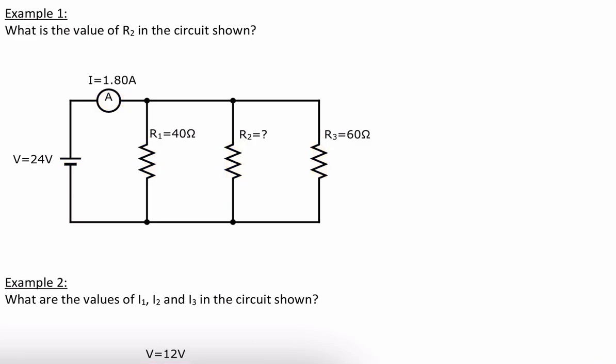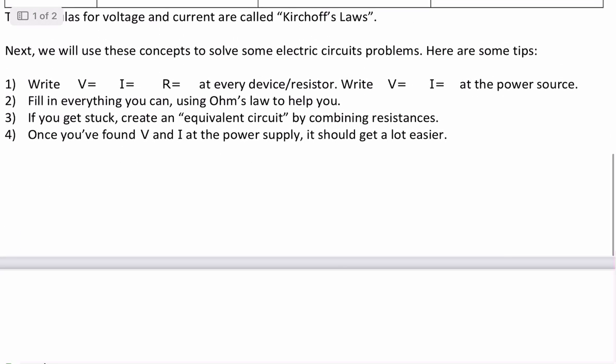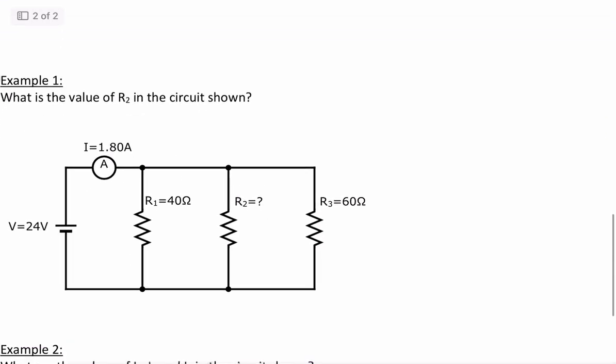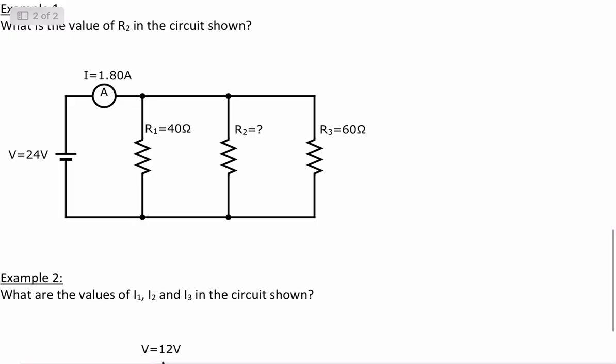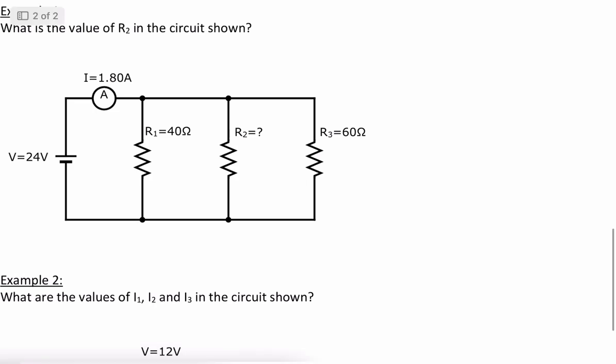So, to start solving this, I'm going to look at these steps. First step says write V, I, and R at every device or resistor, and write V and I at the power source. So let's go ahead and do that. I've already got R at this first resistor, so I can write V and I there as well.